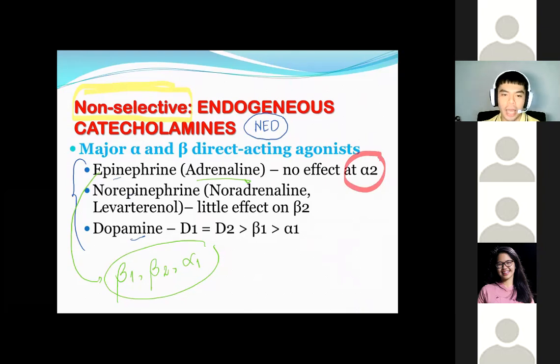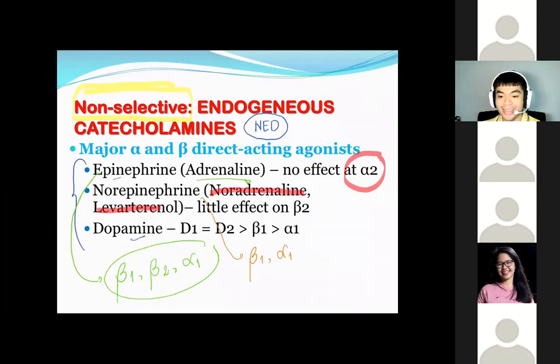Next, for norepinephrine naman, this is also known as noradrenaline and levarterenol. AKA lang yan. For norepinephrine, it targets beta 1 and alpha 1.